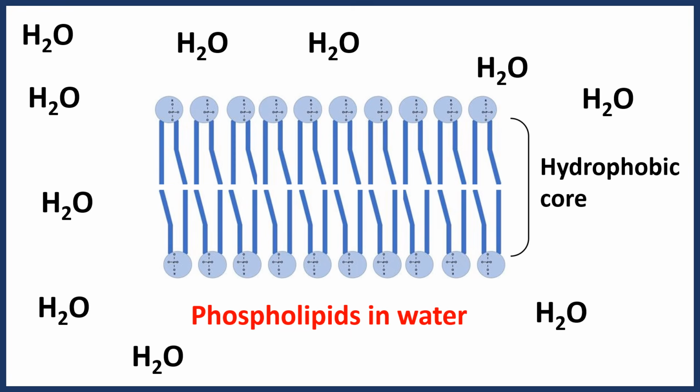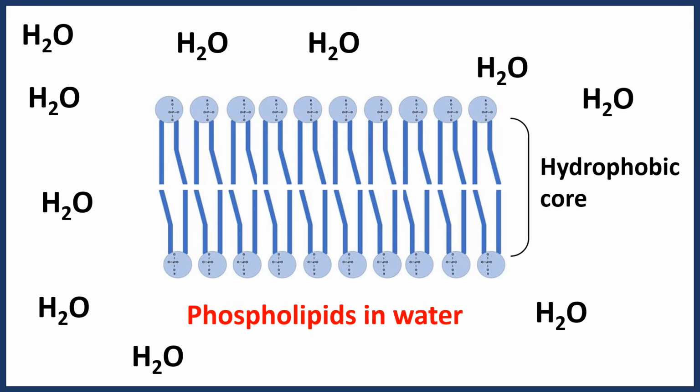This arrangement forms the basic structure of all cell membranes, creating a barrier that separates the interior of the cell from the external environment. The amphipathic nature of phospholipids is crucial for the formation of the cell membrane and allows for selective permeability, meaning that some substances can pass through the membrane while others cannot.